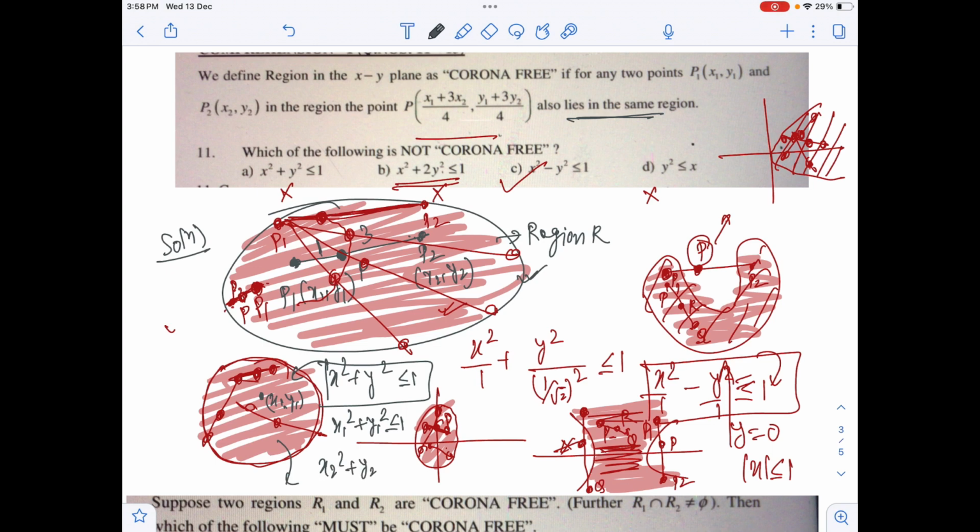Similarly, you pick up any other point, x2 square plus y2 square will be less than equal to 1. Now using this relation, you try to prove that (x1 plus 3x2) whole square by 16 plus (y1 plus 3y2) whole square by 16 will also be less than or equal to 1.